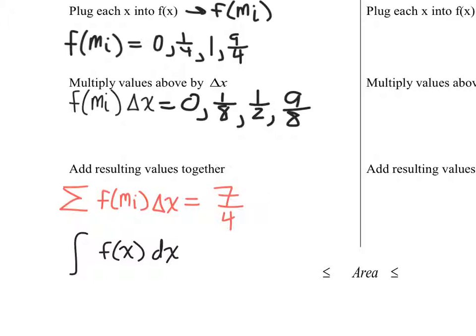Now, you can manipulate that 1/3 x cubed in such a way that you can come up with something close to 7/4, but even still, this is related to 4 rectangles that are approximations of the true area, right? They're not exact. But we can do something to this expression to make it equivalent to this, all right?